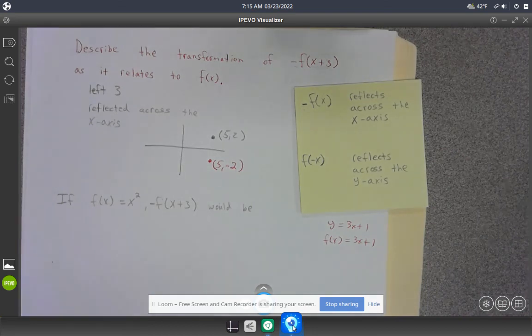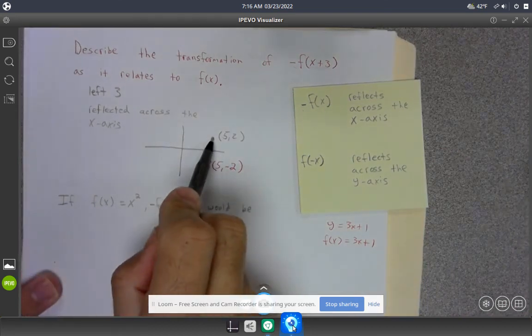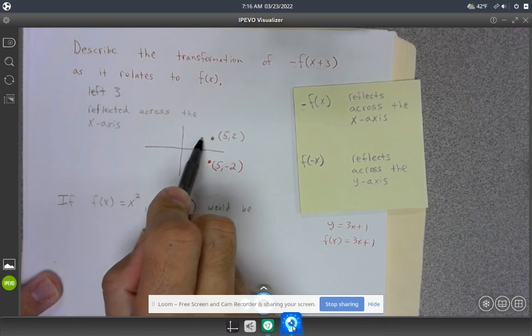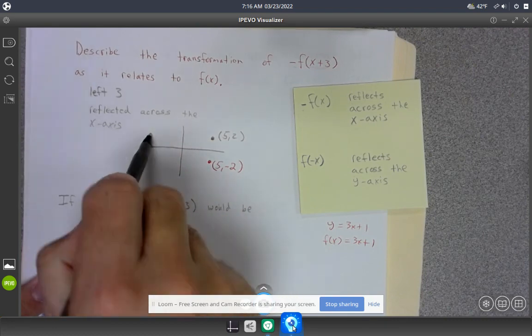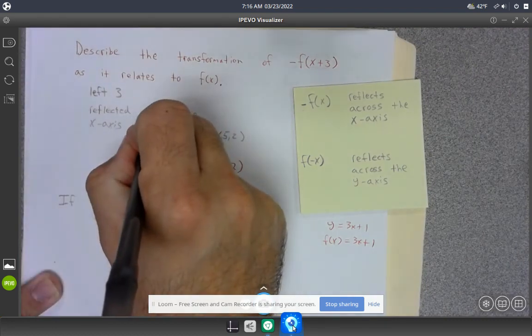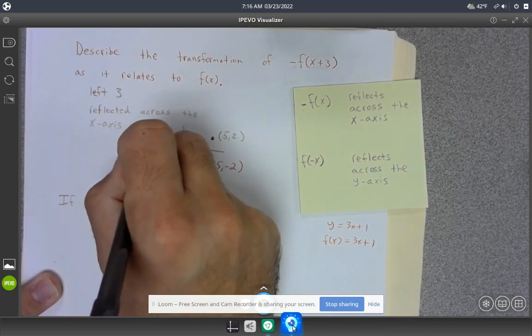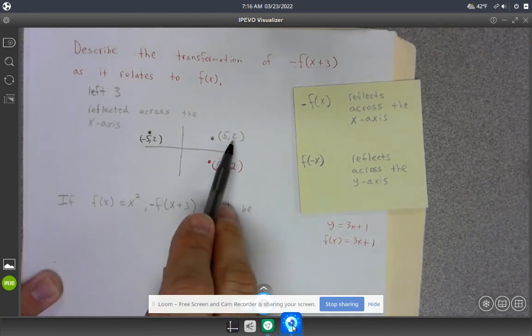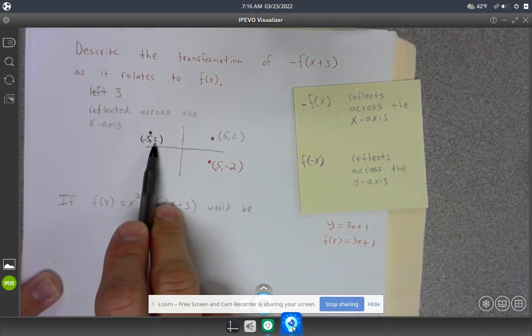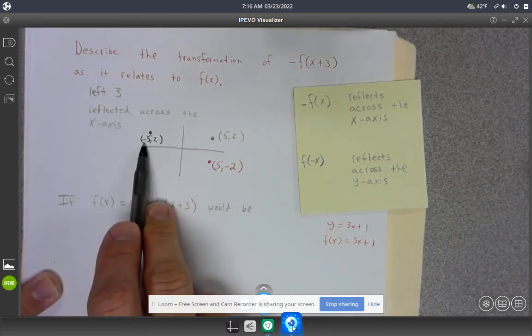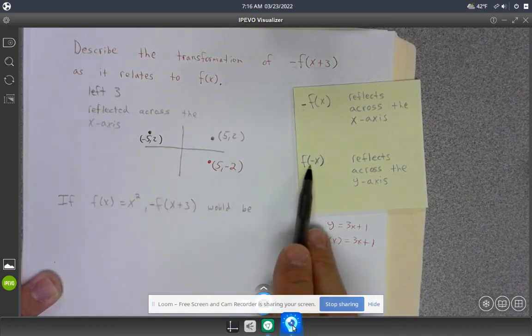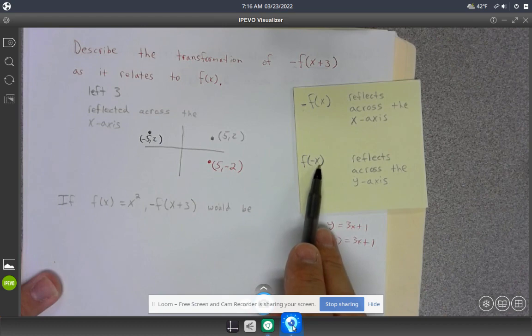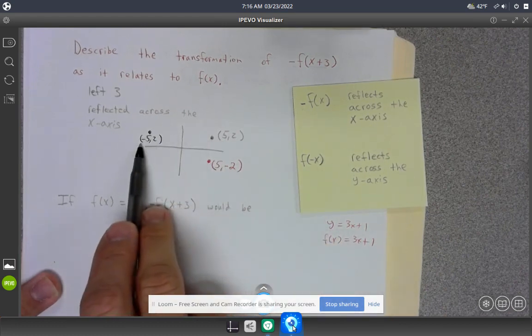Now, instead, if we reflected this point across the y-axis, it would wind up about right here. And the coordinates for that point would be negative 5, 2. And so here, the y value stayed the same, but we just negated the x value. Right? And that's what's happening here. By making the original x on f of x negative, we're just negating this x value.